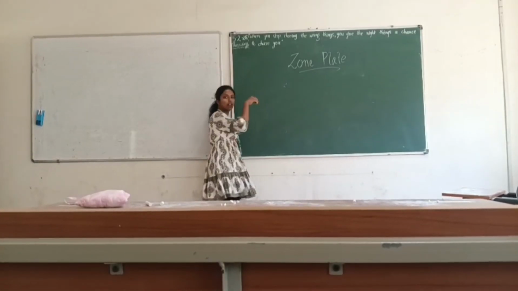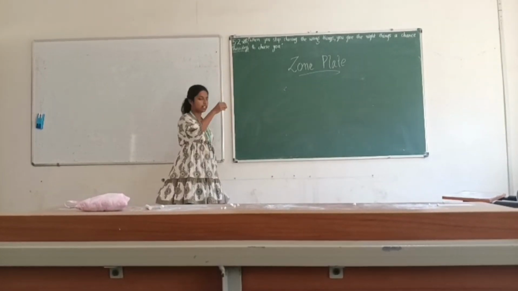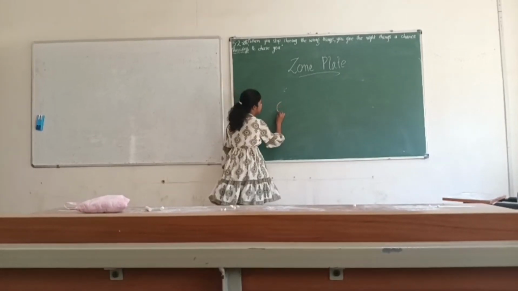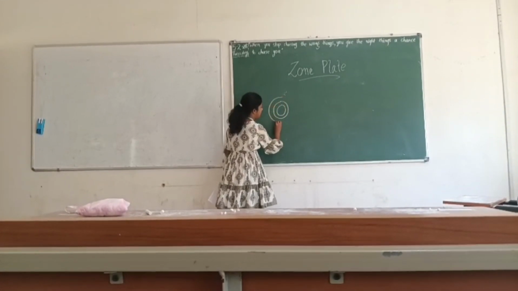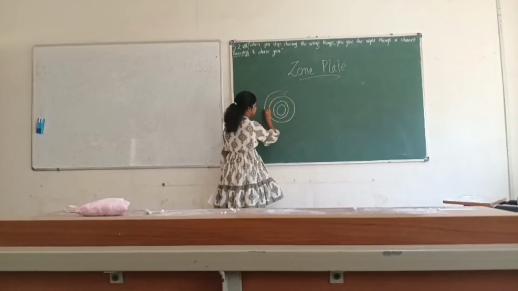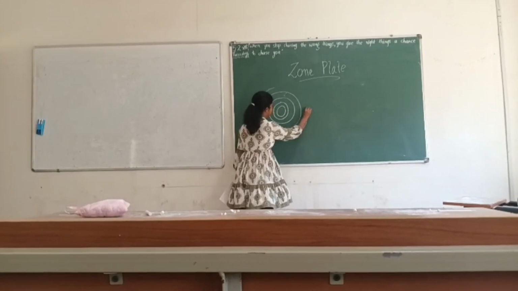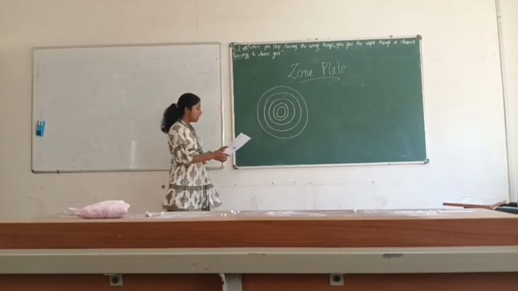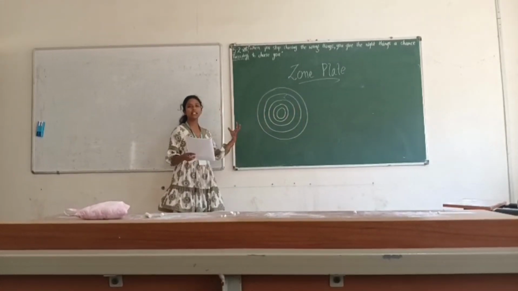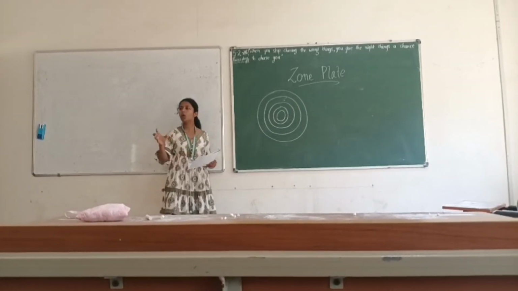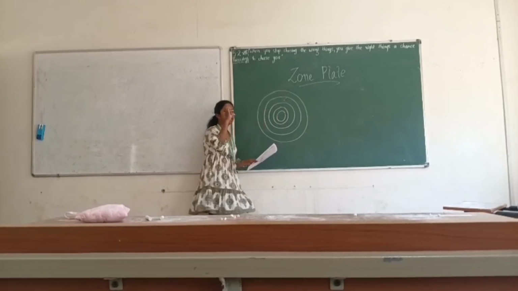When we draw a zone plate, we draw each of the concentric circles. First we are going to discuss the positive zone plate. In a positive zone plate, except the center, alternate zones are thickened.